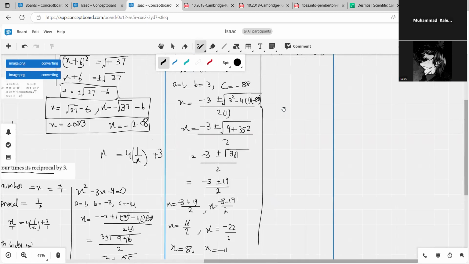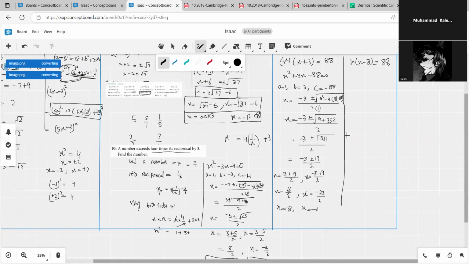There is no need to solve by using this one, I think. Okay, inform me when you're done.